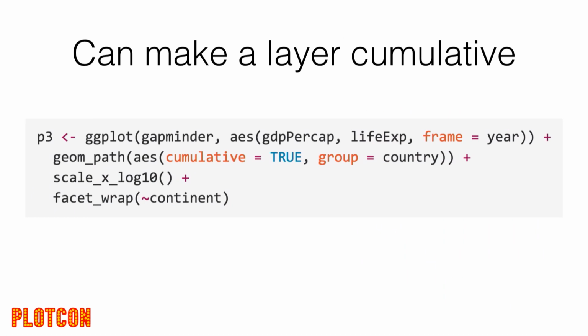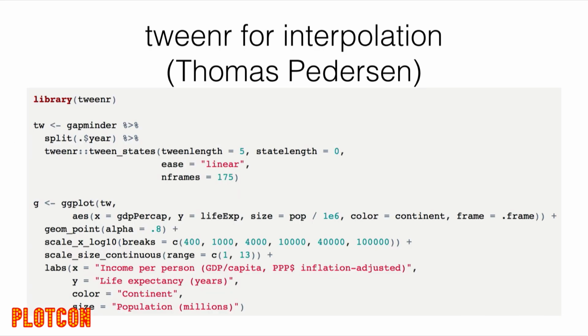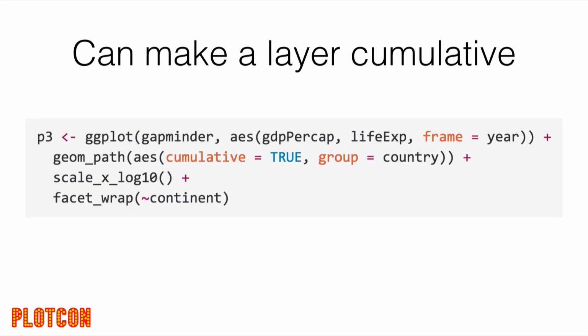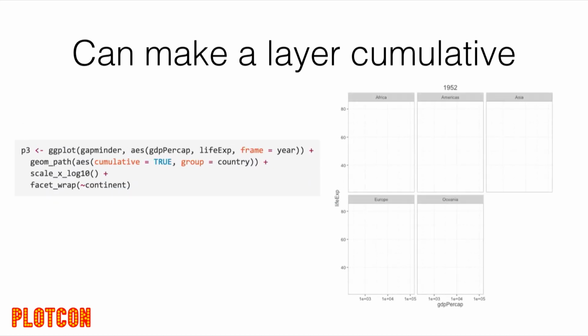Another is that you can choose to make a layer cumulative with a cumulative equals true aesthetic. And cumulative plots can be really useful when you want to see a full picture, but you want to see it build. So here's a version where we chose to make it a geom path. There it goes.